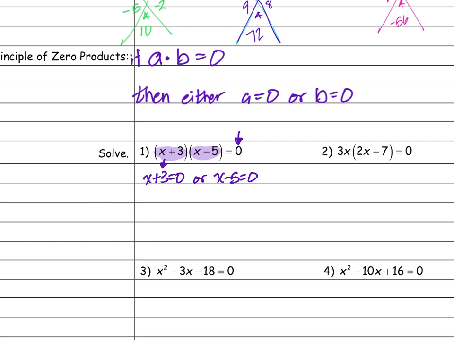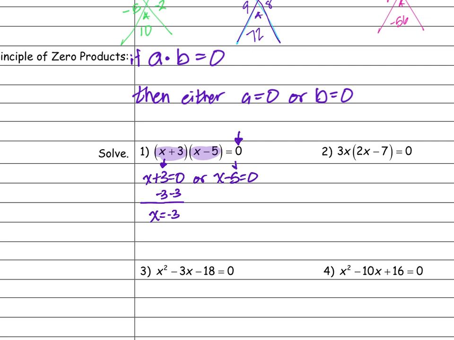Take away 3. That's beautiful. I'm going to take away 3 because I'm adding 3, so I'm going to subtract 3 from both sides, and I get x equals negative 3.